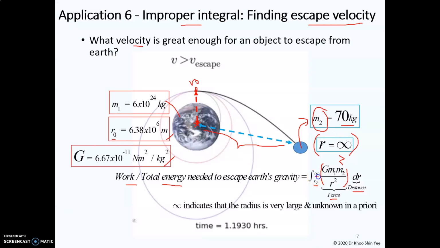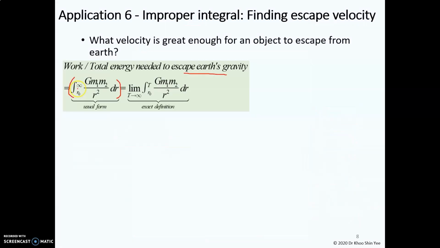You should understand the infinity here means that the radius is very large and unknown in advance, where the upper limit is infinity. So for this usual form of improper integral, we can convert into the exact definition by replacing the infinity by t and taking the limit of t approaching infinity.